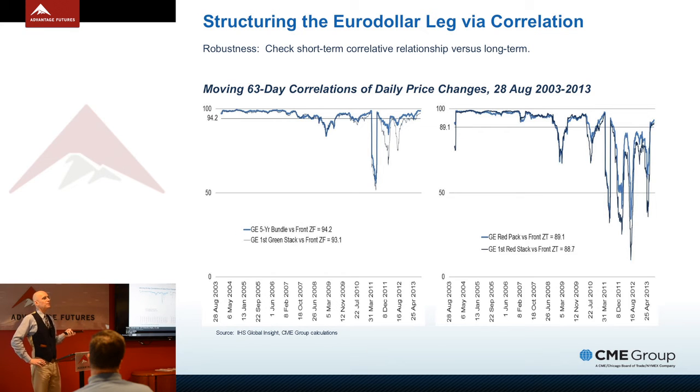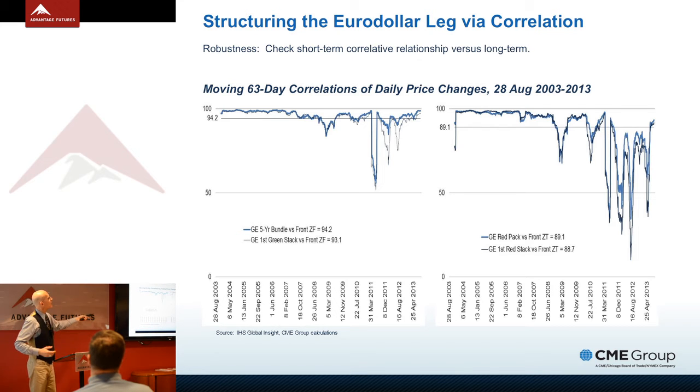Here's something important: a robustness check. What did I do earlier? I showed you a decade's worth of daily data as the basis for estimating correlation, and I also showed you the latest 3 months.